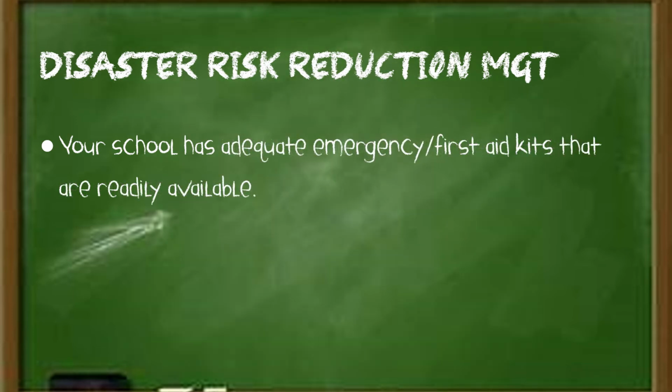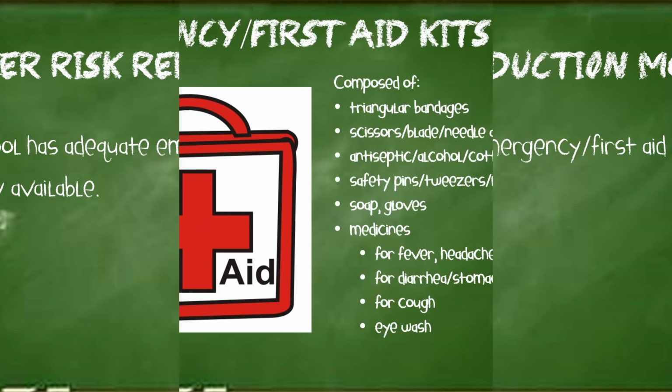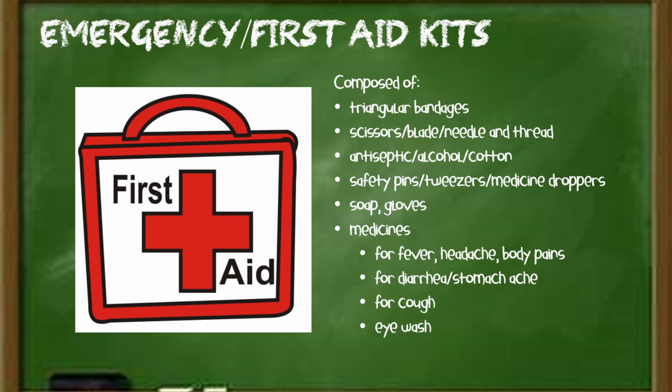Third, your school has adequate emergency or first aid kits that are readily available. The manual provides that first aid kits must be available. It further provides the things that are supposed to be found in the first aid kits.